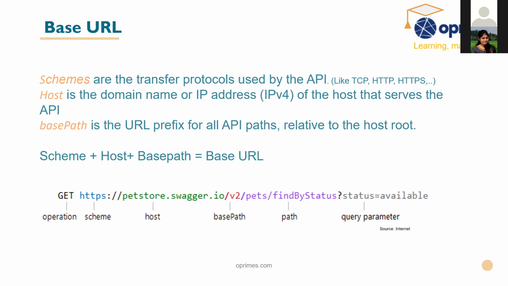Okay, so this is TCP. Whereas HTTP is the protocol between client and server. And HTTPS is nothing but HTTP with an additional security level. Okay, so these are all the schemes we mostly use in APIs.